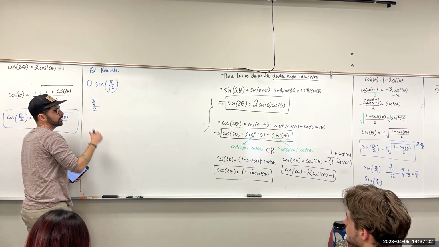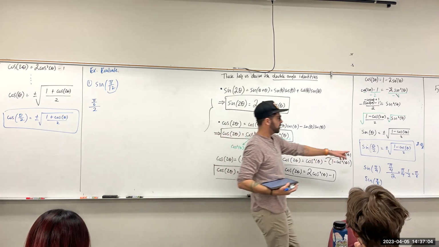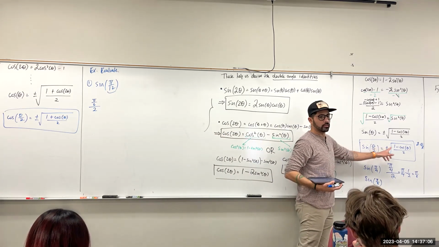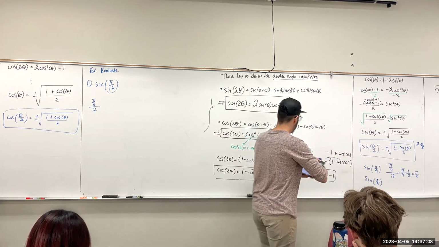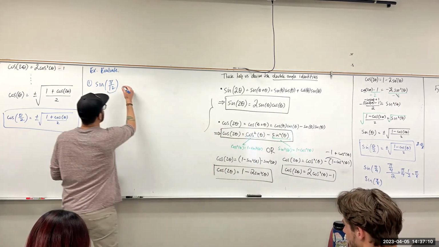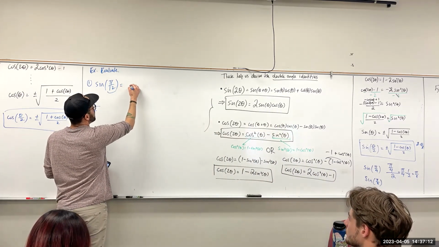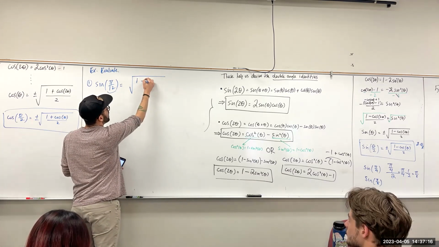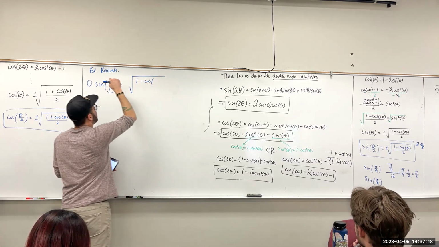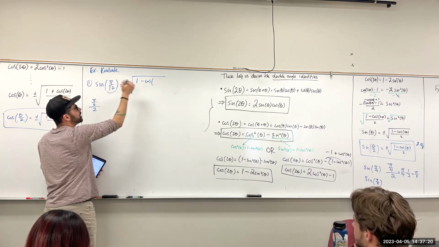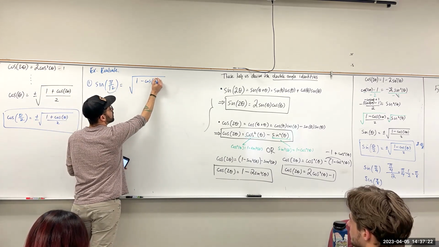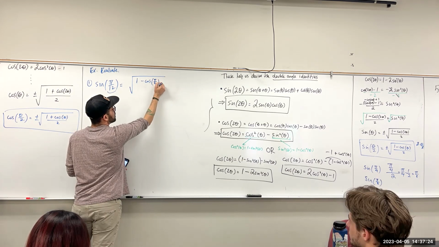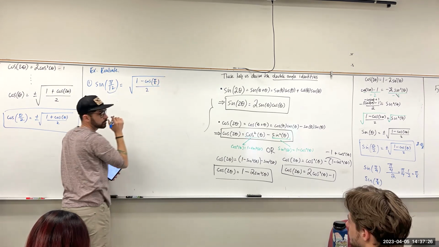Okay, so what's in this formula? What's the theta that I'm going to use? It's going to be pi over 6. So according to that half angle identity, it's going to be the square root of 1 minus cosine of pi over 6 over 2.